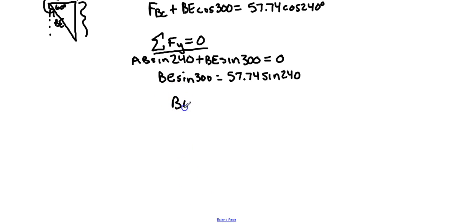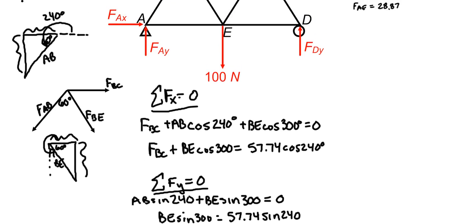Divide by sine of 300 on both sides, and we solve that, and we'll actually get a positive 57.74. So BE, we go up and kind of check out what we've learned here. We know AB is a negative, so that's under compression, but BE is going to be under tension because we got a positive for that particular member.